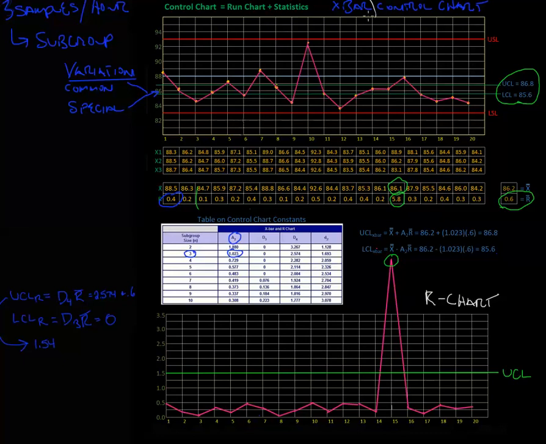So this is an X bar control chart, an R control chart, and these are the statistical tools that we can use to determine whether our process is in control or out of control. In other words, whether it's exhibiting common variation or special variation.